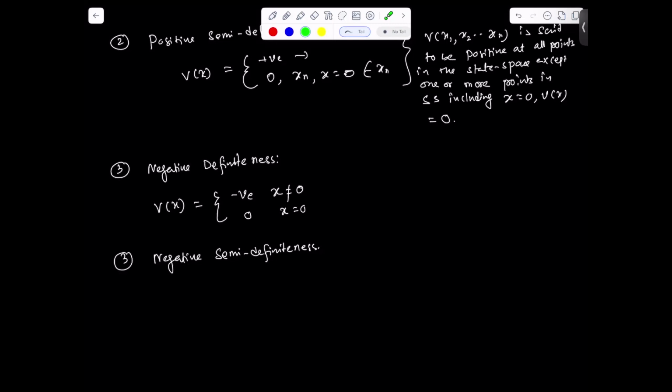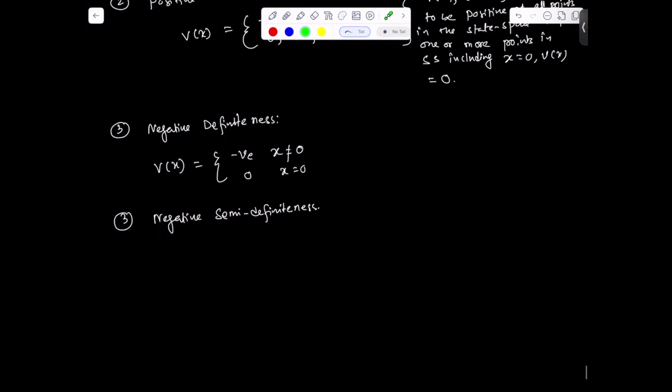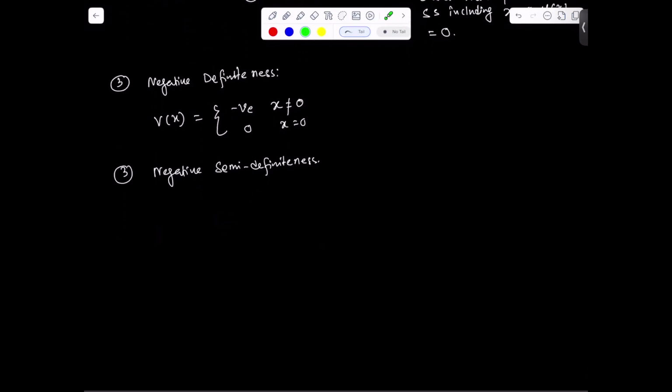Now we'll consider a quadratic function, which can define the total energy of the system. Basically, for most of the systems you see practically in daily life, the dynamical systems, the total energy can be defined by a quadratic form.